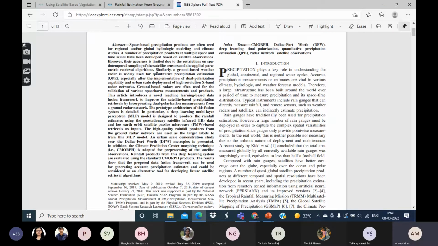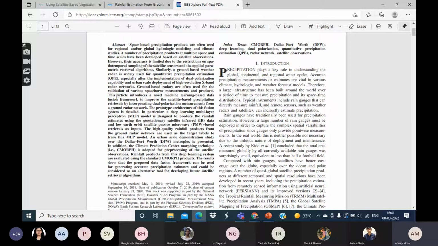Similarly, ground-based weather radar is widely used for quantitative precipitation estimation, which they are calling QPE, especially after the implementation of dual polarization capability and urban scale deployment of high resolution X-band radar networks. Now, ground-based radars are often used for the validation of various spaceborne measurements and products. This is something we have already seen in the previous paper.